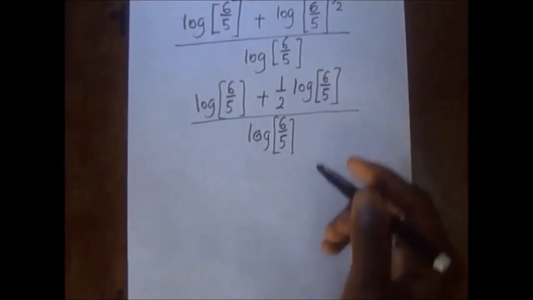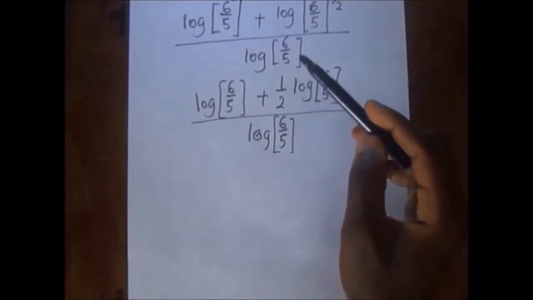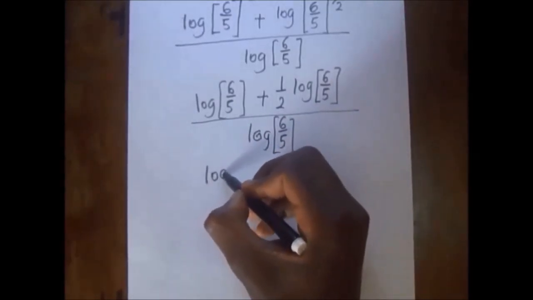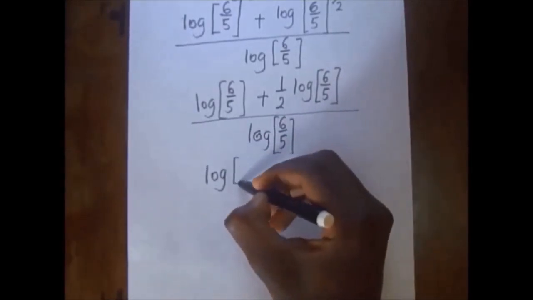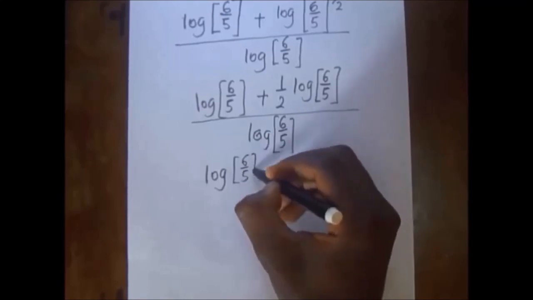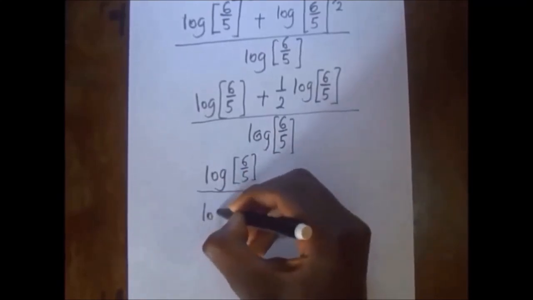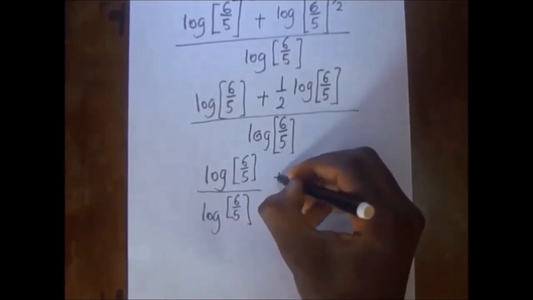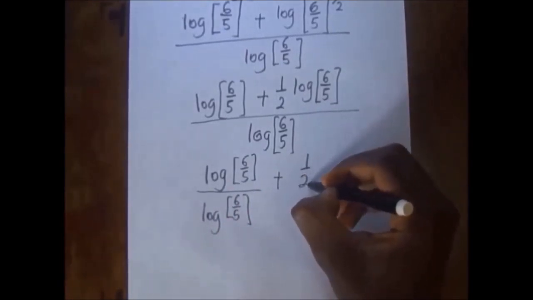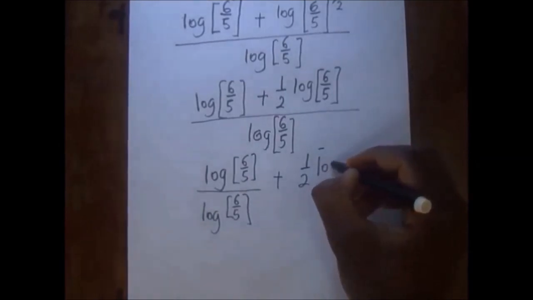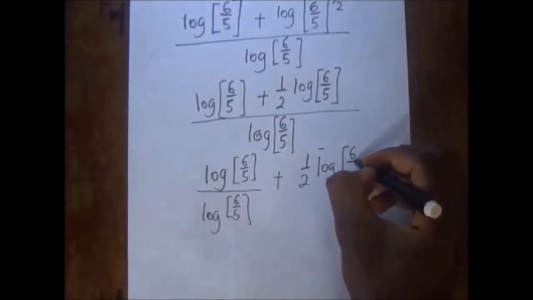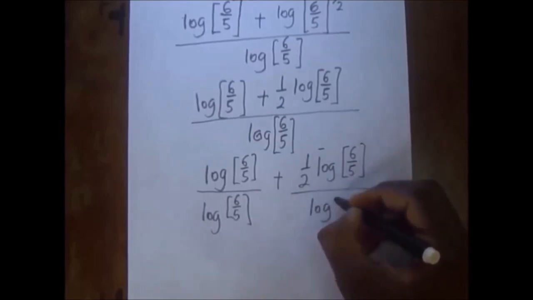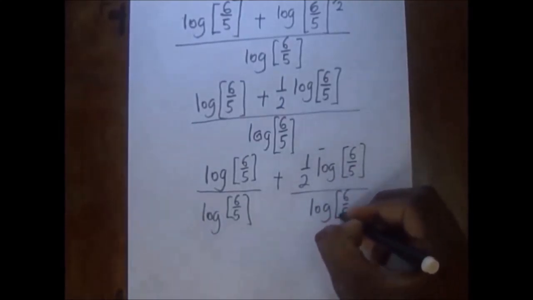So we shall end up with, if we are to split this, log of 6 over 5 over log of 6 over 5 plus a half log 6 over 5 over log 6 over 5.